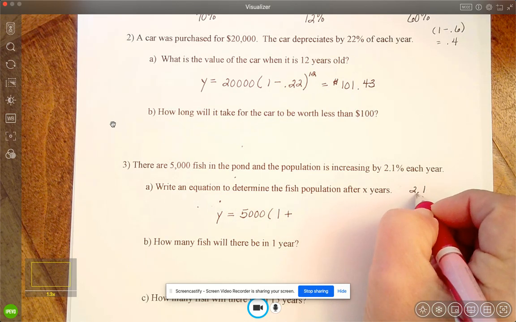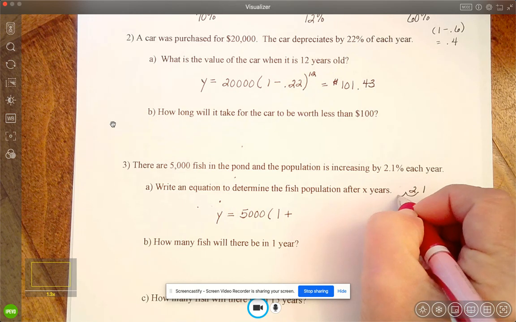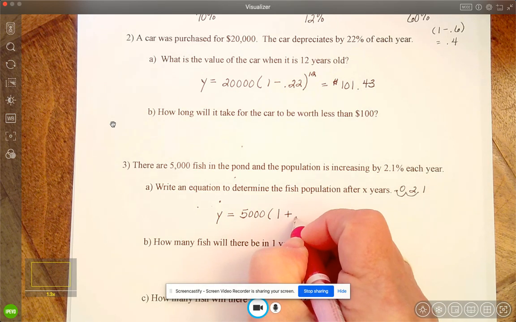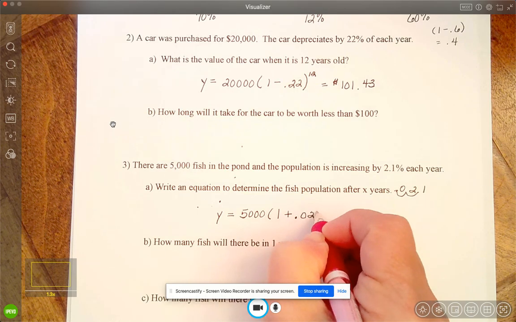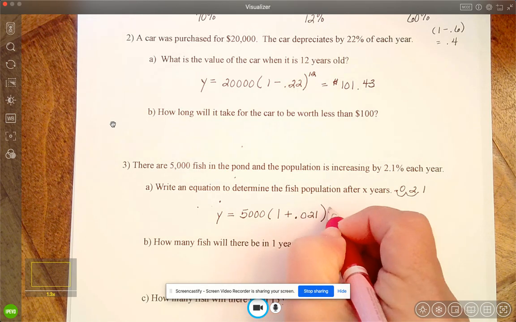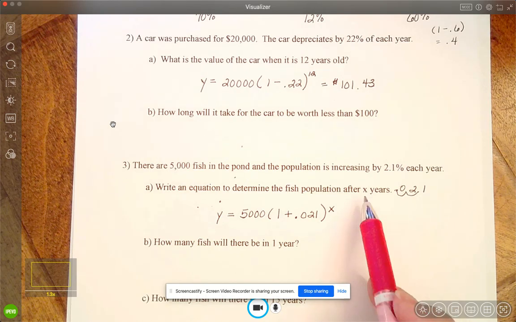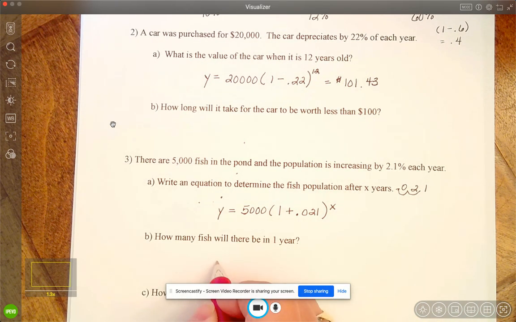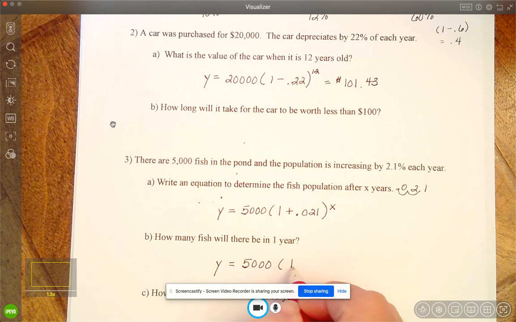If I move it 2 places, 1, 2. Okay, so it is 0.021 to the X value because it said after X years. Now it says how many will there be after 1 year. So I have 5,000, 1 plus 0.012 to the 1 for 1 year.